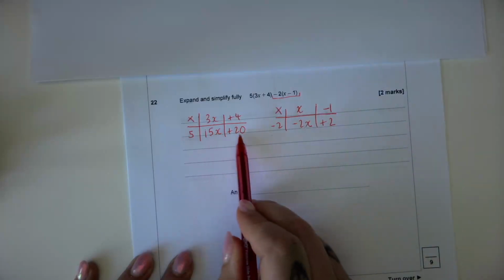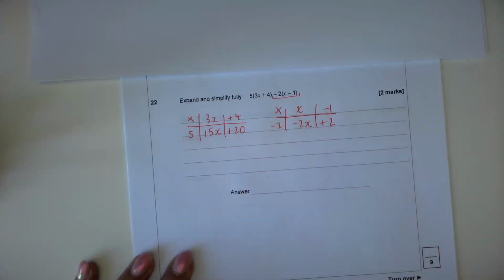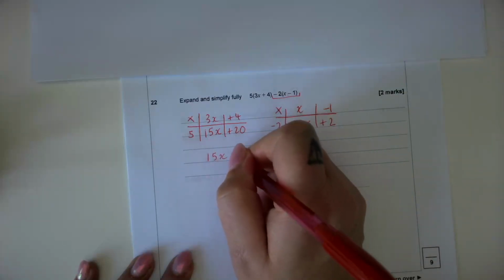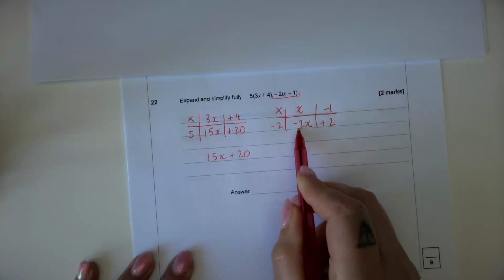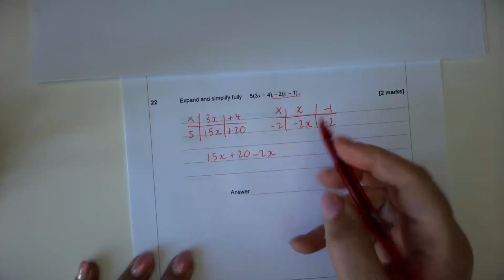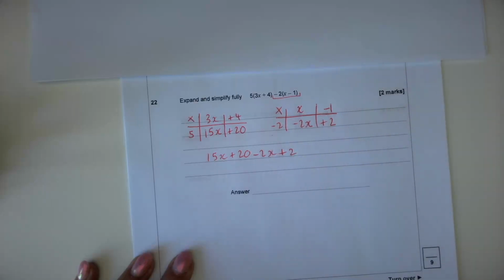So now these values inside those grids, those area models, I'm going to take out. So I've got 15x add 20, and then minus 2x. Remember that sign in front stays with it, plus 2. And then I'm going to collect like terms. That's the simplifying part, guys.